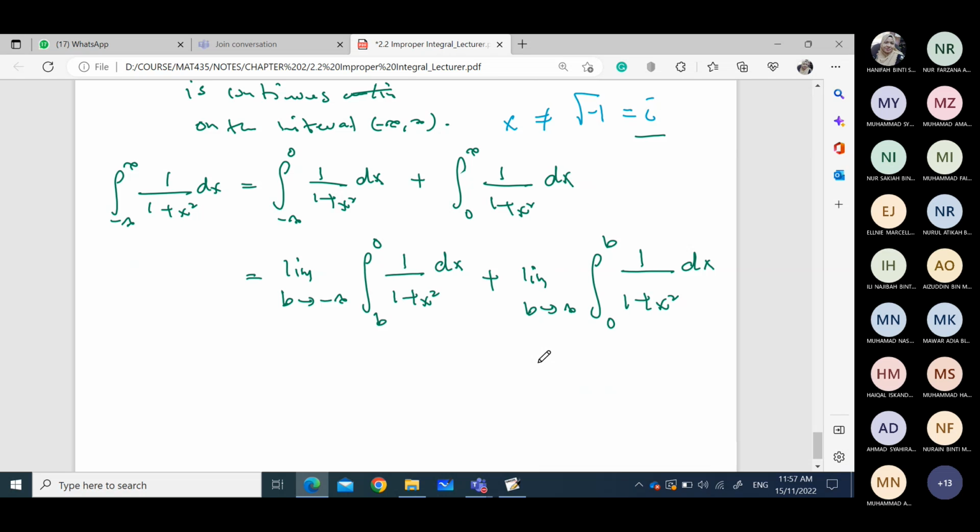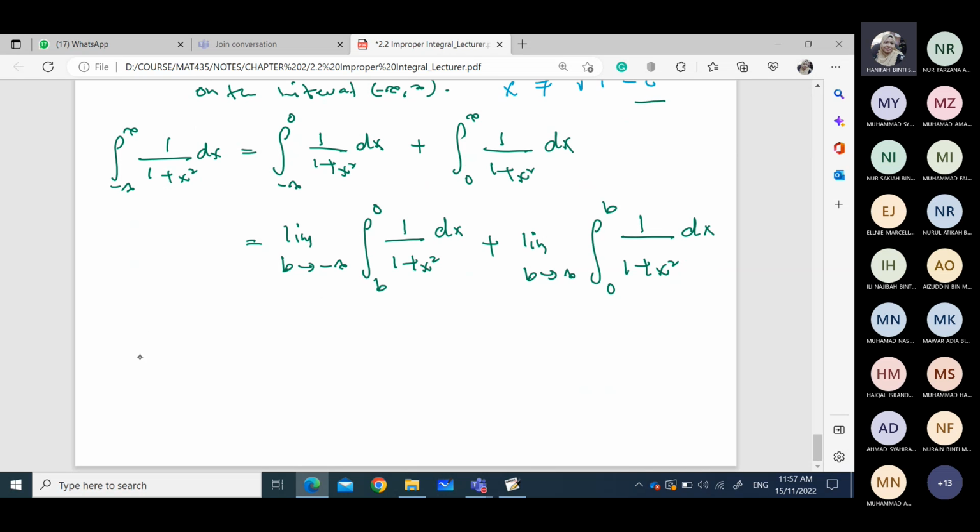Okay. So you selesaikan, solve lah yang ni. Solve the integral of 1/(1 plus x squared) dx. So it is equivalent with tangent inverse of x plus c. Okay. Right.